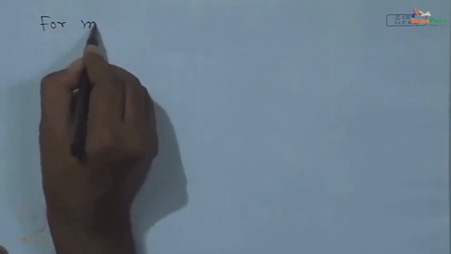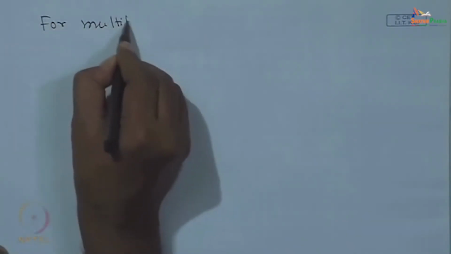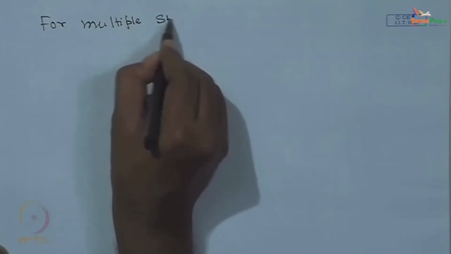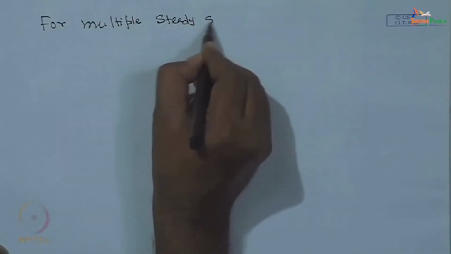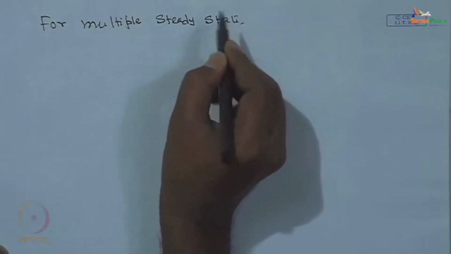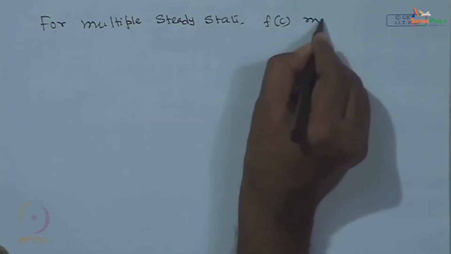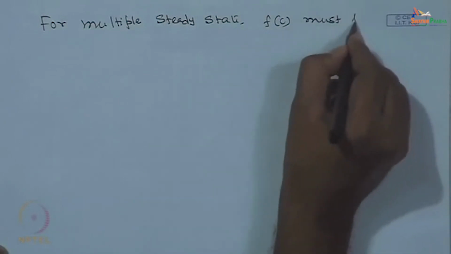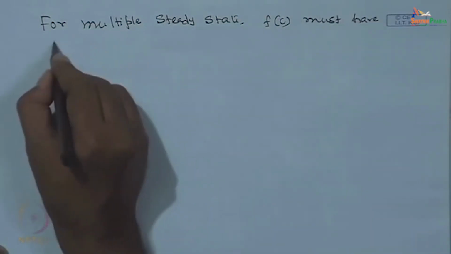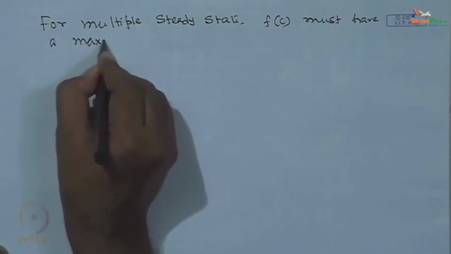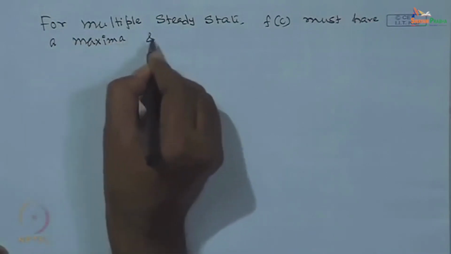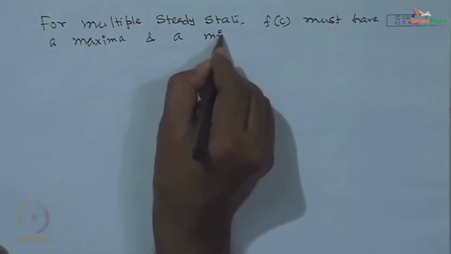So, for multiple steady states, f(C) must have a maxima and a minima.